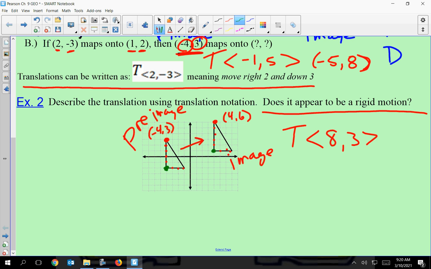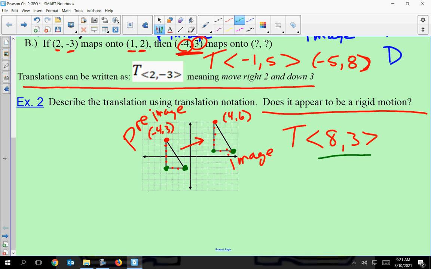I then would want to repeat that process from here to here. I believe I go 8 in the positive x direction, and up 3 in the positive direction for y. Okay, so that's how you do a translation. That's how we would use a triangle. Each point, I use the vertices, does the same rule all the way through.